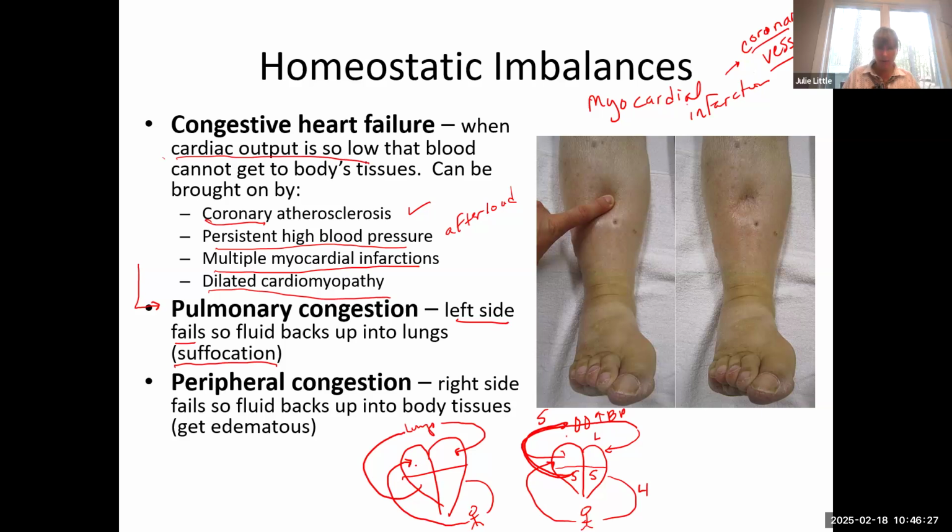If the right side fails, say we're only pumping 4 liters to the lungs and 5 liters out to the body. We're supposed to be doing 5 liters on both sides. Well, what's going to happen is the fluid's going to back up into the body because the left side's going bam, bam, bam, and sending more blood than the right side can handle. And so fluid backs up in the body, and this is what you get.